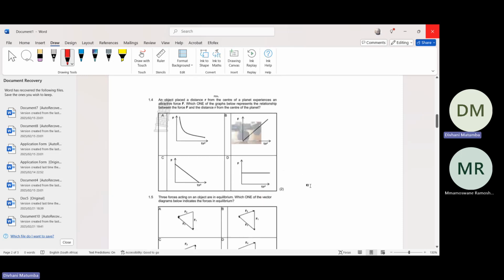No problem. An object is placed a distance r from the center of the planet and experiences an attractive force F. Which one of the graphs below represents the relationship between force F and the distance r from the center of the planet?